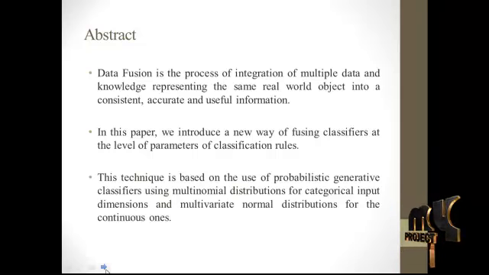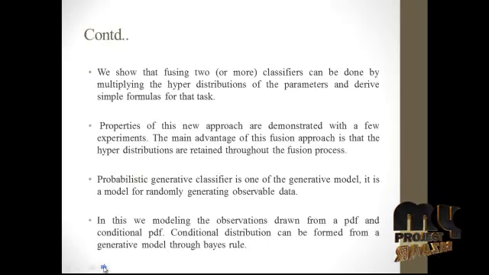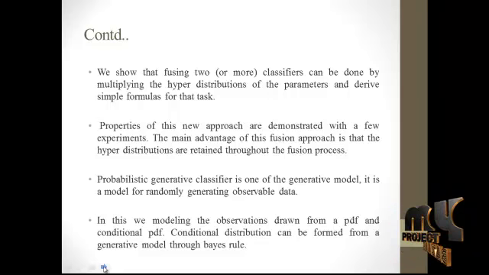Normally in the dataset we have attributes as categorical input datasets and continuous datasets. We show that using two or more classifiers can be done by multiplying the hyperdistributions of the parameters, and also derive simple formulas for the task. Properties of this new approach are demonstrated with a few experiments. The main advantage of this fusion approach is that the hyperdistributions are retained throughout the fusion process.